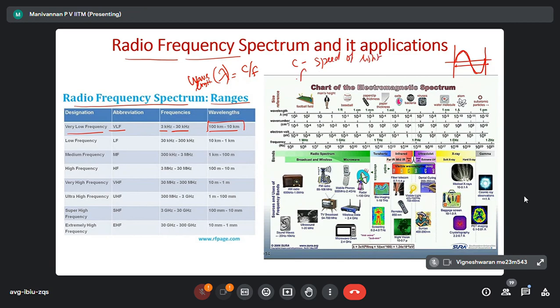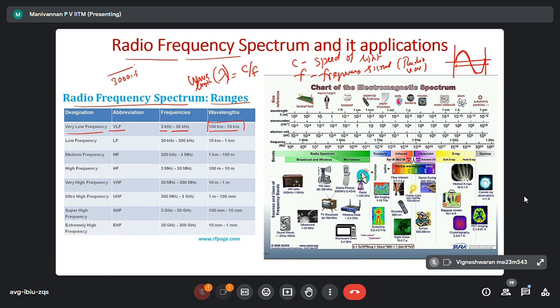Okay, f is the frequency of the signal, a radio wave. For example, if I say 3 kilohertz, correct? That is nothing but 3000 hertz. That is f, right?